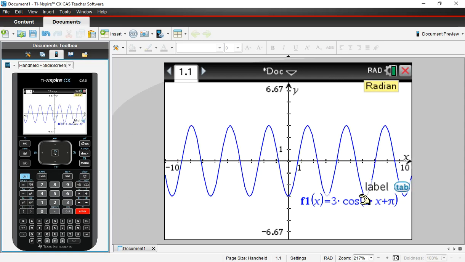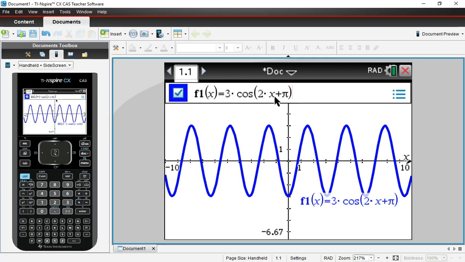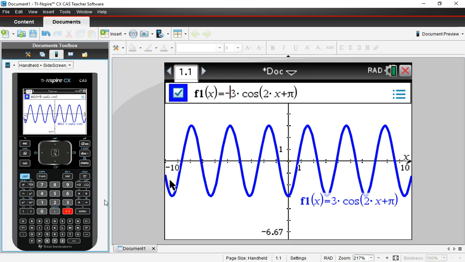Now there are some things you need to keep in mind that can change this just a little bit, like what happens if there's a negative in front? Well, that's just going to make the pattern that we use flip. Instead of starting at a high point, we would start at a low point. So you have to keep that in mind when you're graphing these. Watch, if I put a negative in front, I'm not going to have high point, cross, low point, cross, high point.